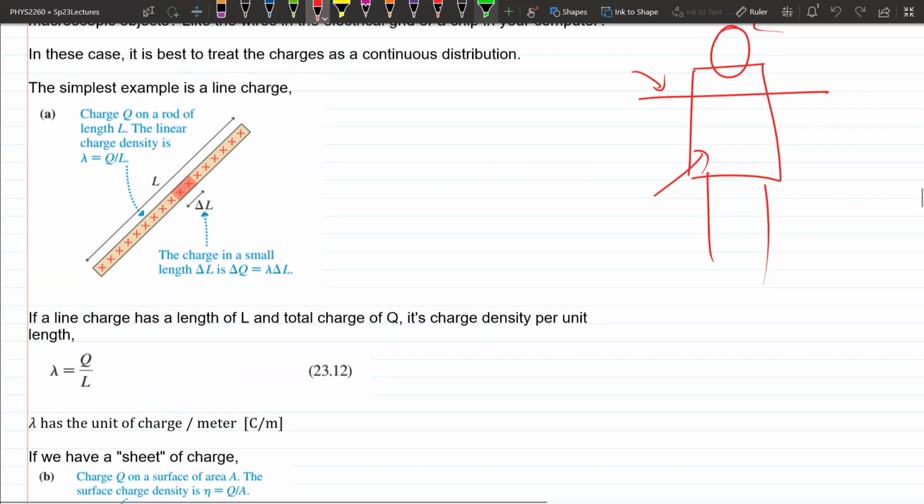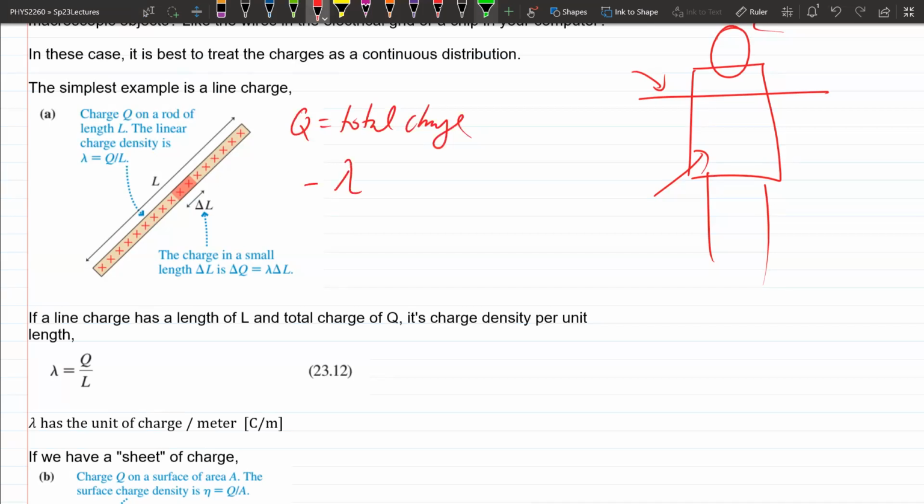The total charge, Q, that's the total charge, right? If you have a total charge of Q distributed on some rod that has a length L, what we're going to do is have this thing called the charge density, meaning how much charge is there on each piece of the rod. To calculate that should be pretty simple.